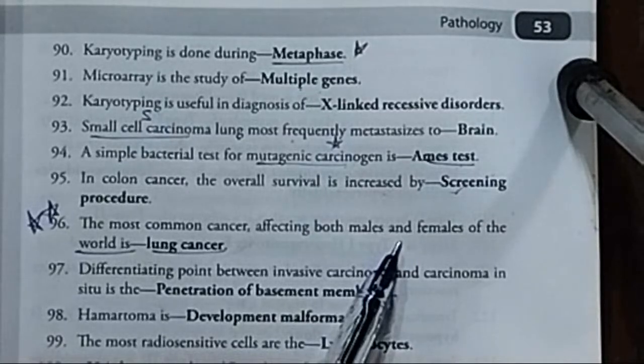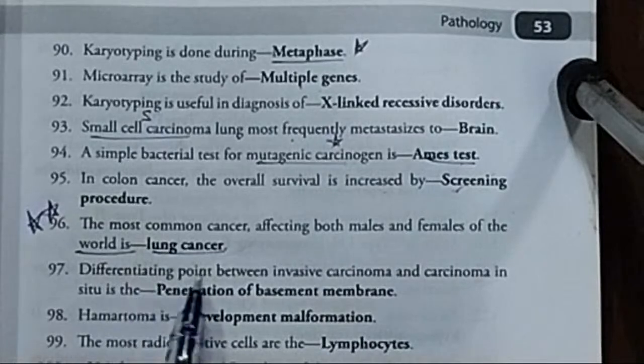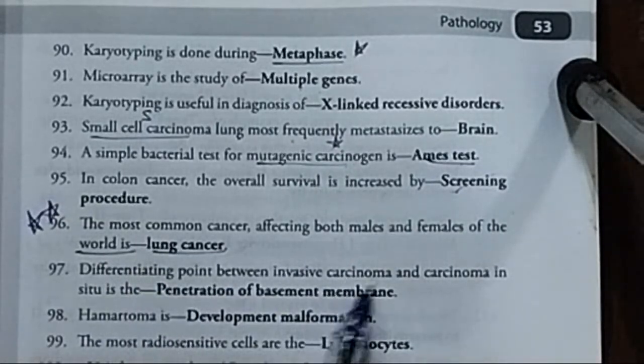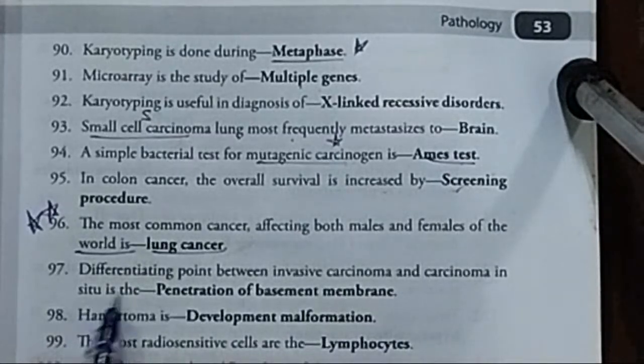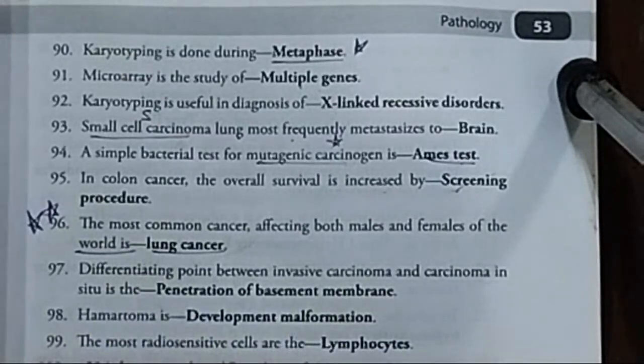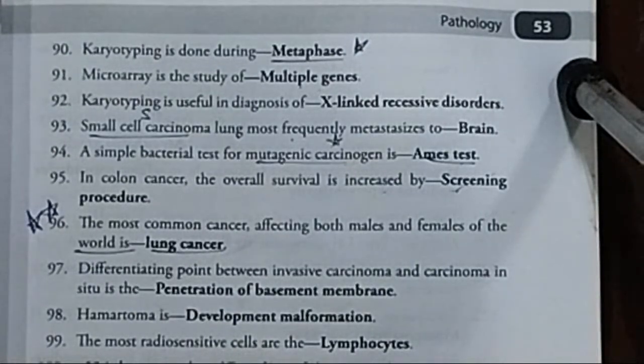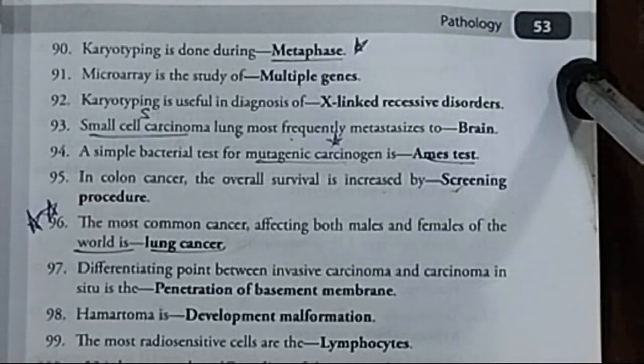Students, lung cancer mostly affects both males and females equally across the world. Okay, moving on to the next important MCQ: the differentiating point between invasive carcinoma and carcinoma in situ is the penetration of the basement membrane. So do remember, this is very important. What is the difference between an invasive carcinoma and a carcinoma in situ?